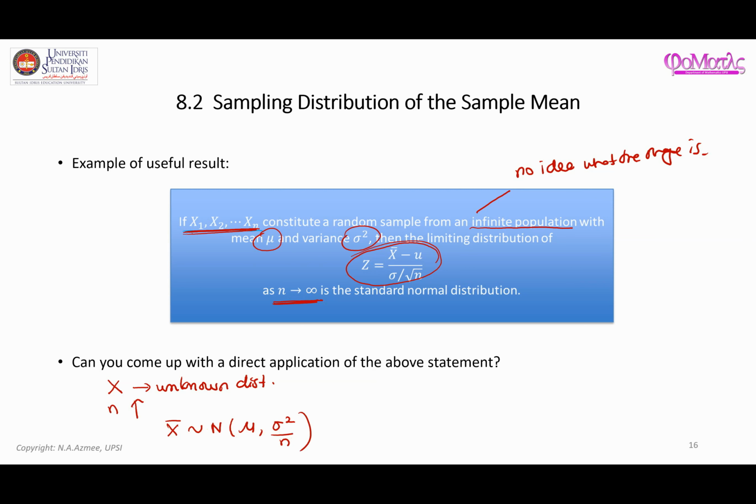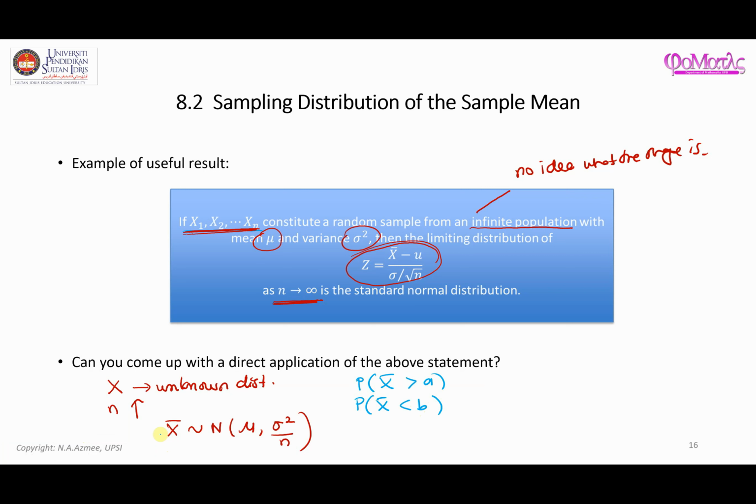So this is the result for x bar. Because of that, we can make probability statements about x bar. What I mean by that is I can ask, what's the probability x bar is greater than a? What's the probability x bar is less than b, for example? Those are the sort of probability questions that you can ask related to x bar.